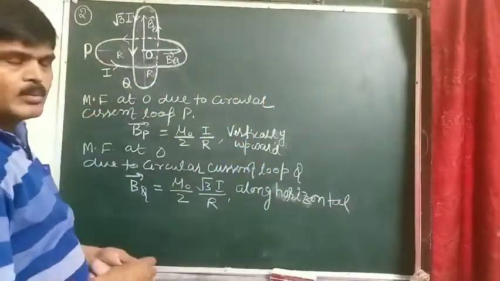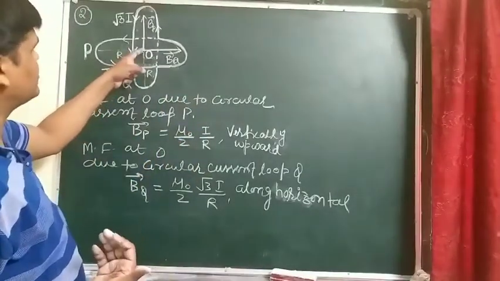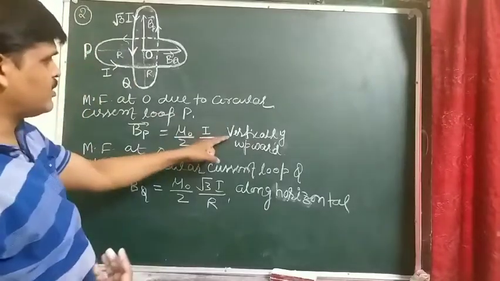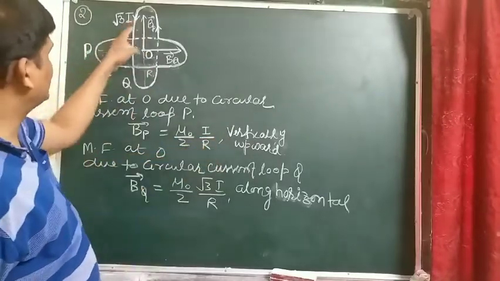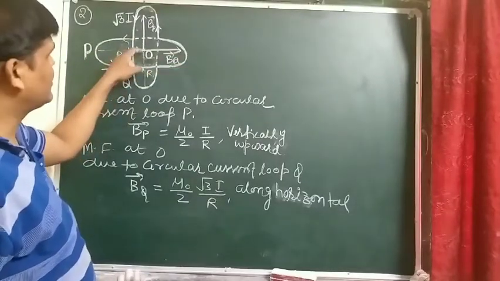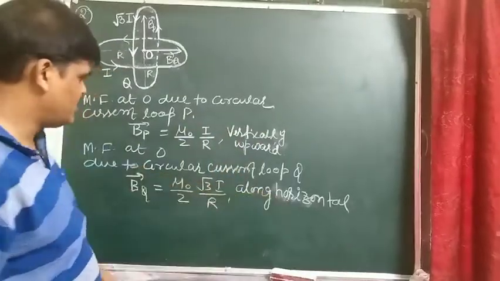Applying the right hand thumb rule to find the direction of magnetic field at the center: in case of loop P, the magnetic field acts vertically upward. In case of loop Q, the magnetic field is along the x-axis, horizontal.